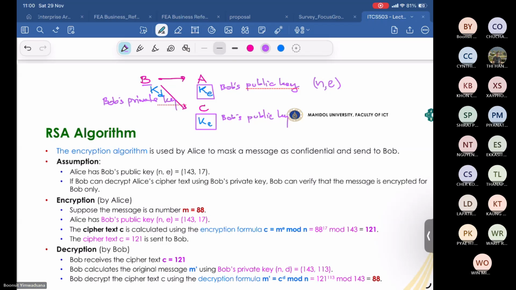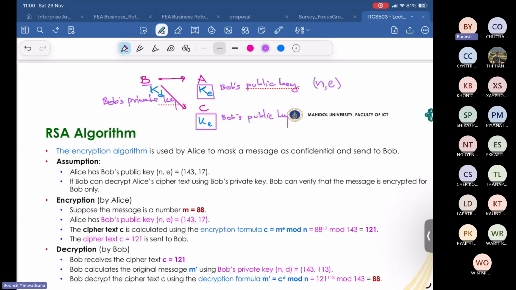Again, Alice wants only Bob to be able to read this message, not Charles. So this means that Alice must use one of the keys of Bob. Alice will decide to use Bob's key, and we call this the public key.